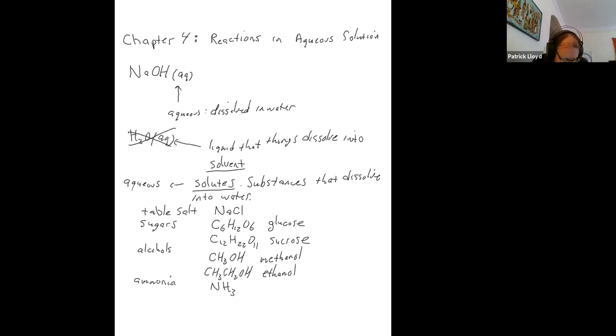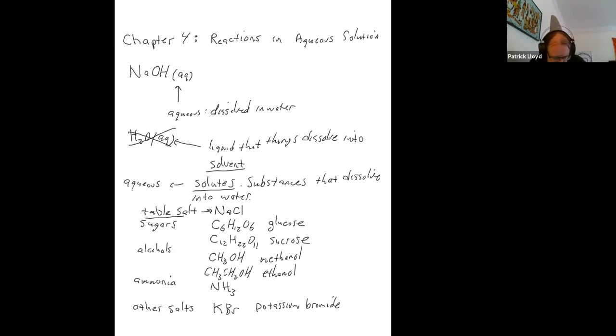And there are other types of salts too. We're going to get into these a little bit later. There's table salt, which is specifically sodium chloride, but there's other salts too. KBr. I'm just giving a few examples. These are not ones that are particularly important. KBr is a little bit like sodium chloride.